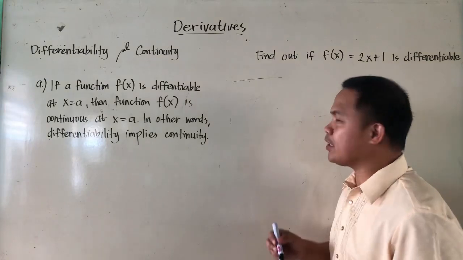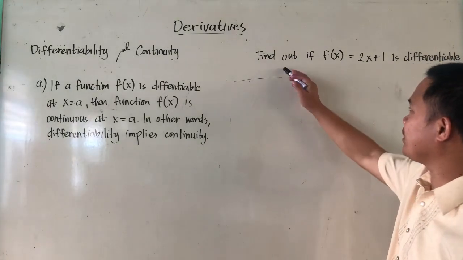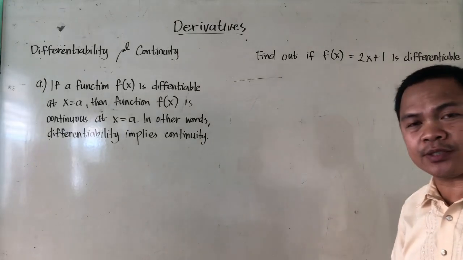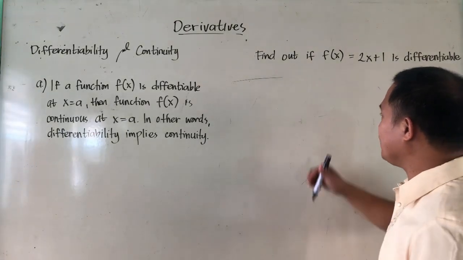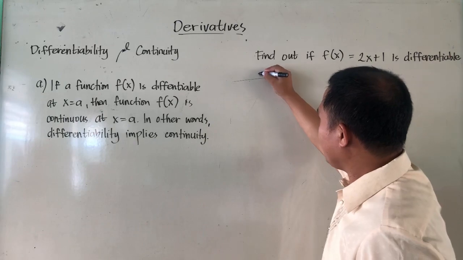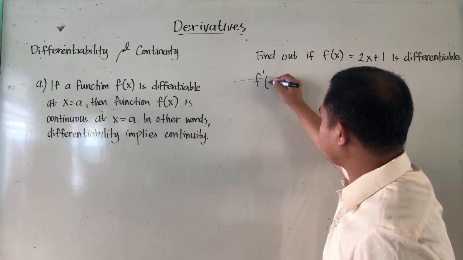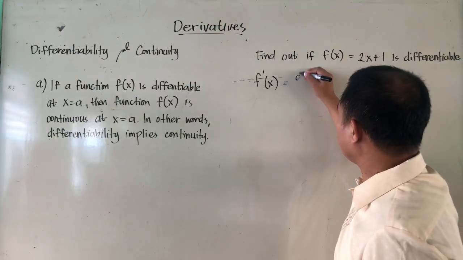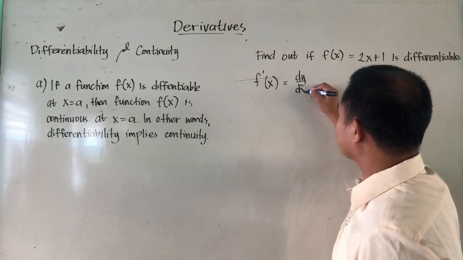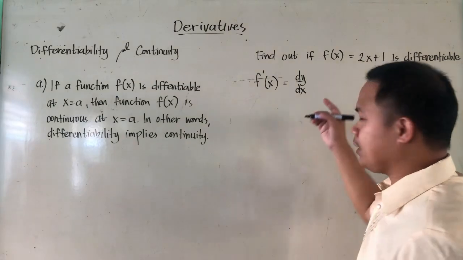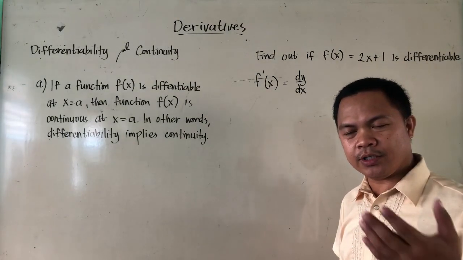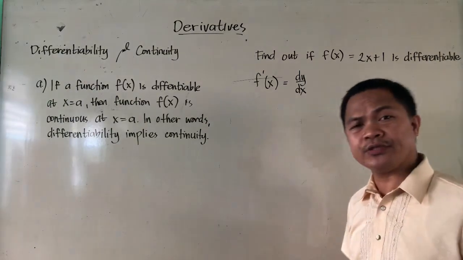Say for example, we're going to find out if f of x equals 2x plus 1 is differentiable. Following this, f prime of x is also the same as dy over dx. In some books they use this, but in our discussion, I use dy over dx.